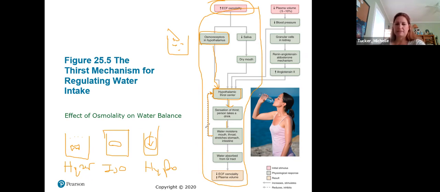So this is just, okay, I think we're good. Let's slow down and take a break. And if we need more water, we'll come back. But if not, then we're good. Then water gets absorbed in the GI tract and transfers into the plasma, increasing plasma volume, decreasing osmolality, which then feeds back.